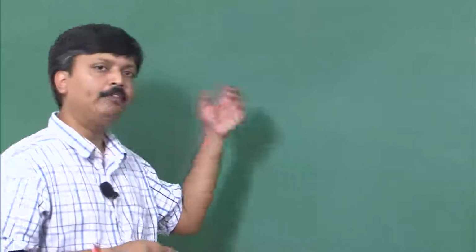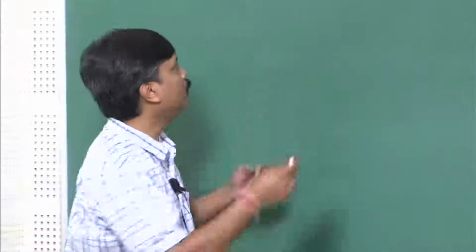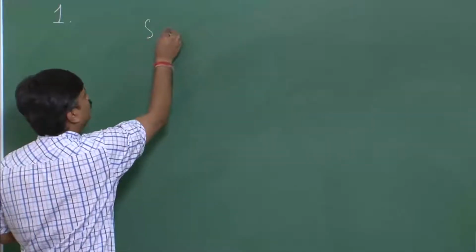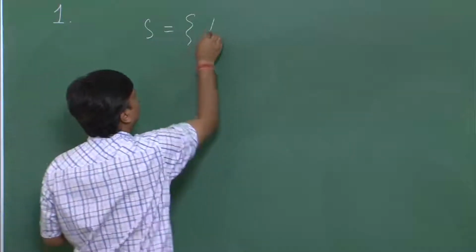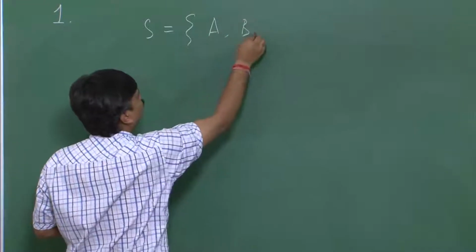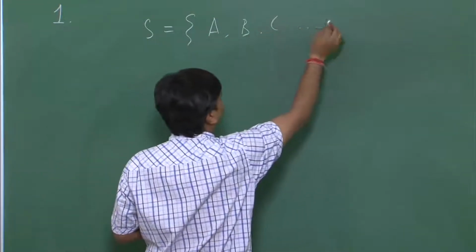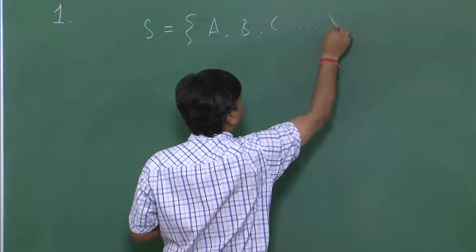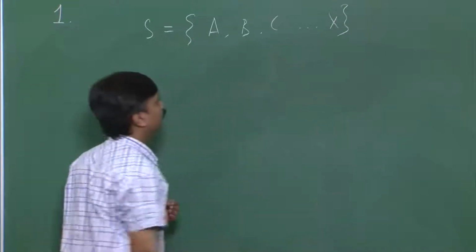So the product of any two elements, suppose I have a set formed by some elements like A, B, C and so on, up to say x.